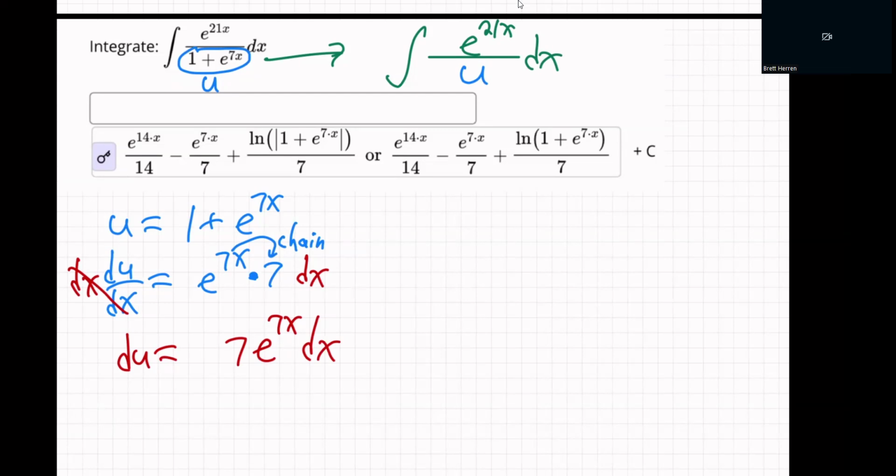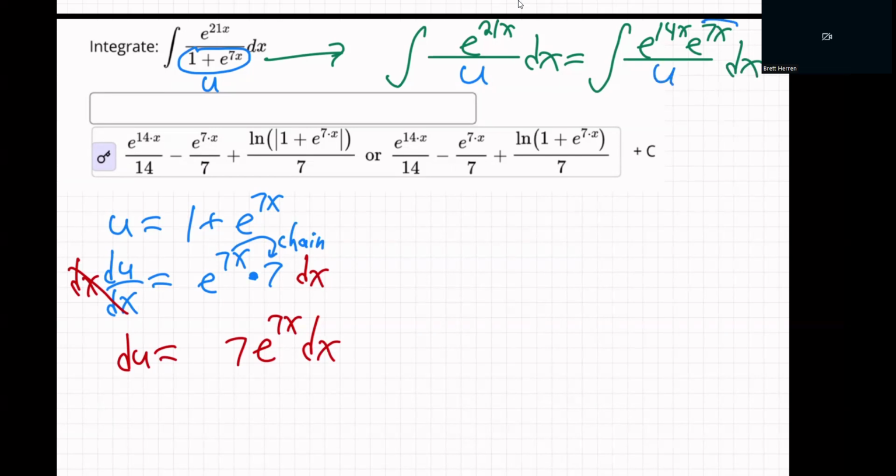Well, here's a trick. I'm going to rewrite that integral. What I'm doing, where my eye is going, is my eye is down here going, look, I have an e to the 7x, but that's e to the 21x. So I can say, look, I can make that e to the 14x, e to the 7x dx over u. Why?